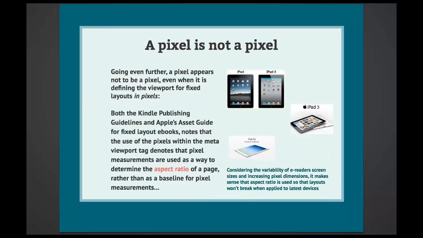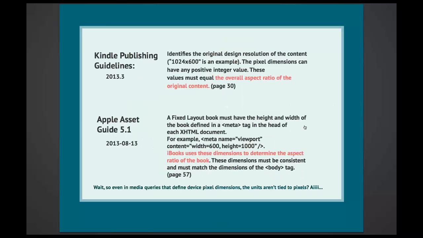So for Kindle and Apple, even when you're defining the viewport for fixed layouts, you're really just defining the aspect ratio, and sometimes that makes for a 1-to-1 ratio to pixels, but not always. And these are just the quotes, because I just wanted to hit home that pixels aren't pixels.